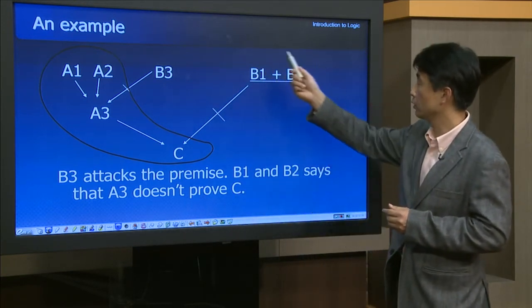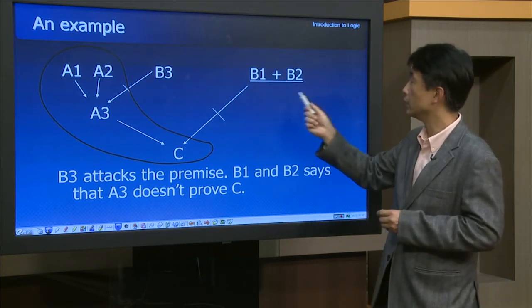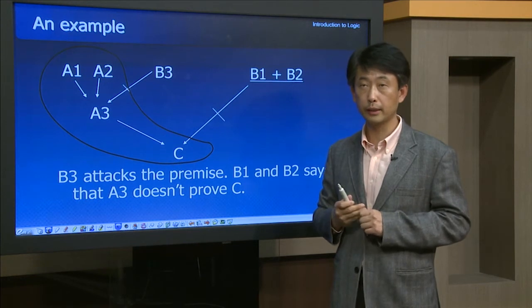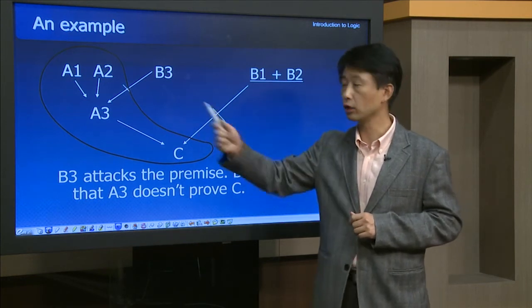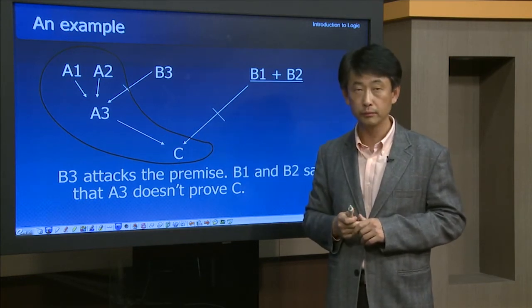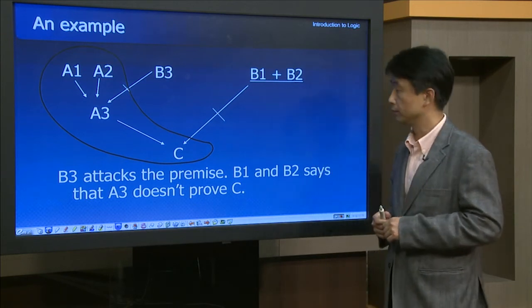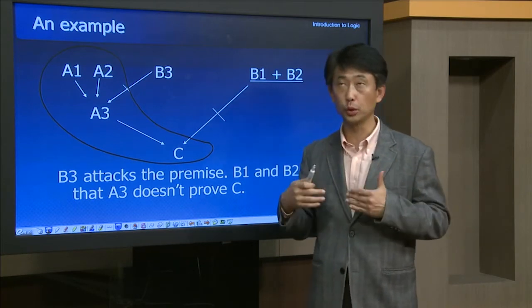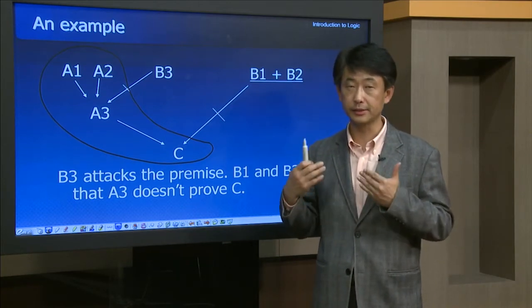Is this a counter-argument? That is, does this part try to show that A's argument is not sound? Well, I don't think so. This part is not trying to show that A's argument is not sound.